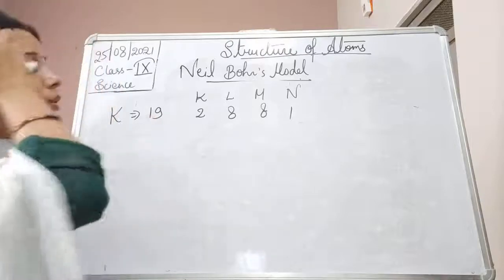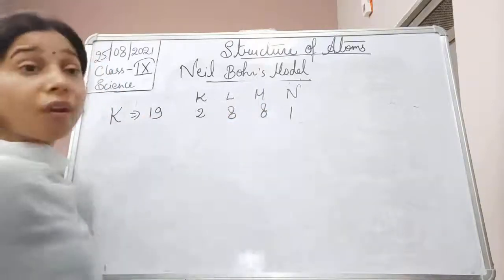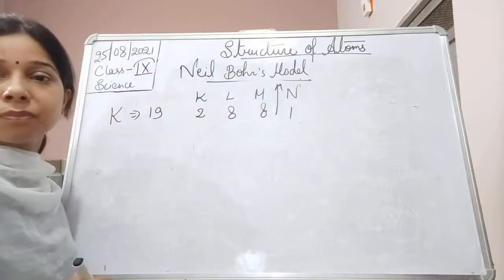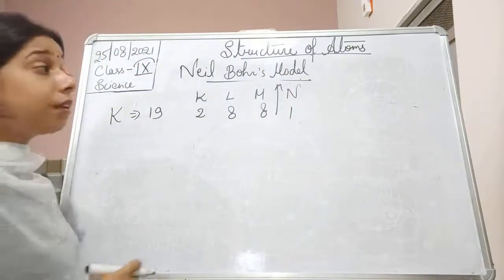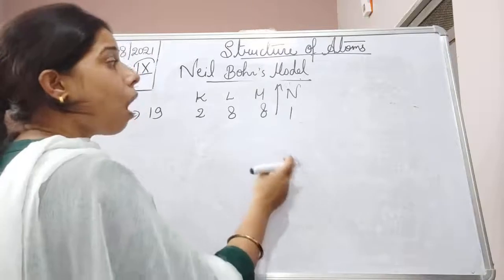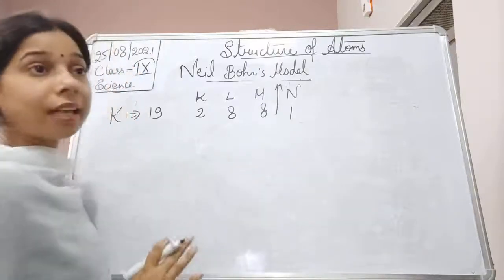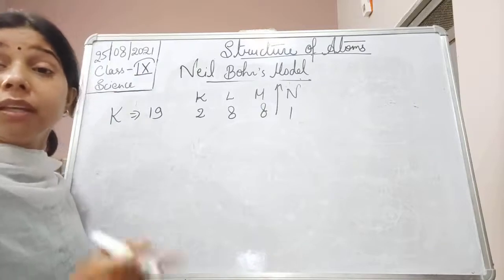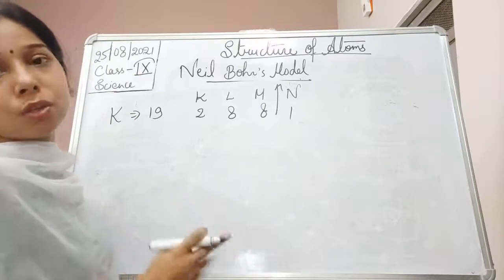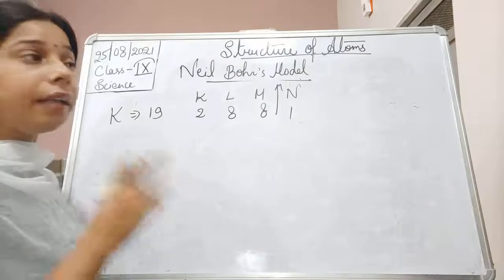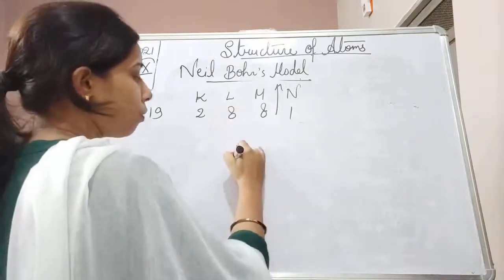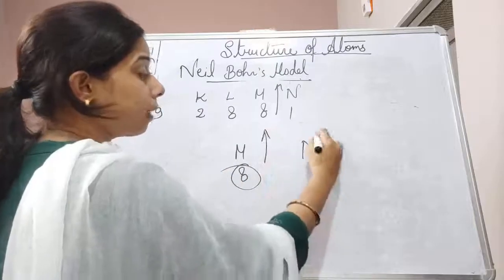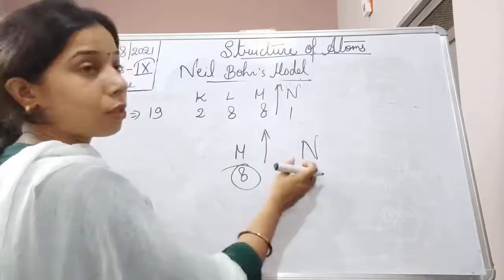After 8 electrons, the energy of the M shell increases a lot. As the 8 electrons get filled in the M shell, its energy becomes even higher than that of the N shell.